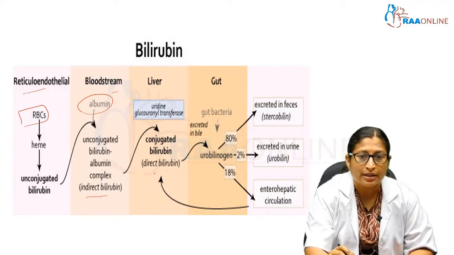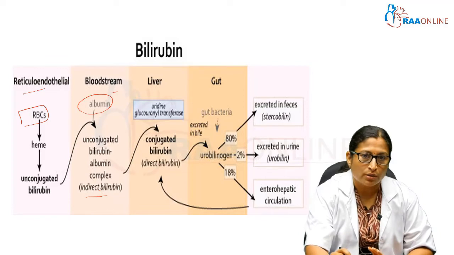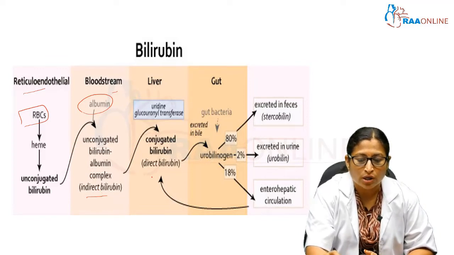You have to understand that unconjugated or indirect bilirubin is lipophilic and not water soluble. So for excretion to happen, it is converted into a water soluble form, that is direct bilirubin, by conjugation. And this conjugated bilirubin is then excreted in the bile.